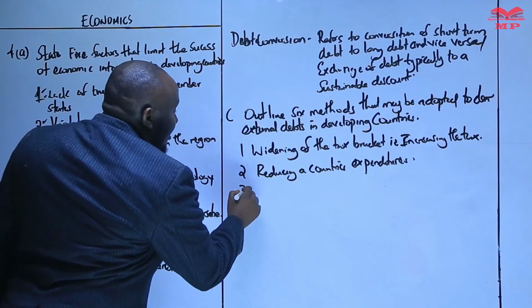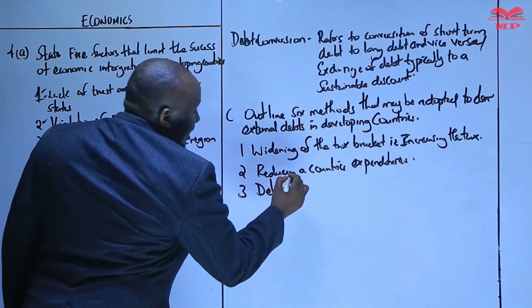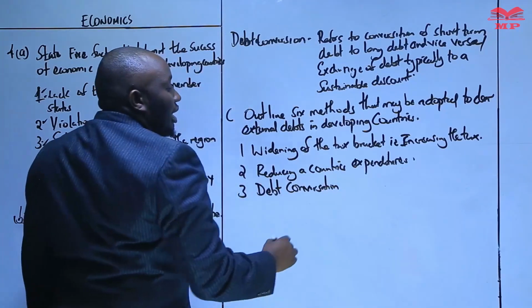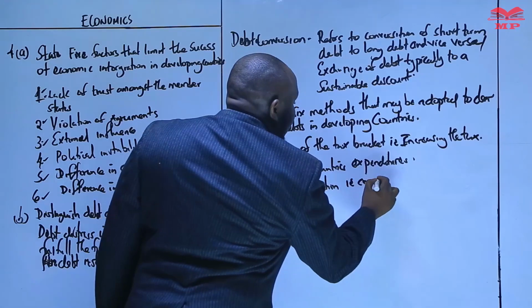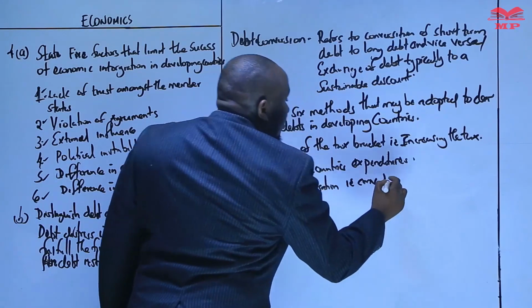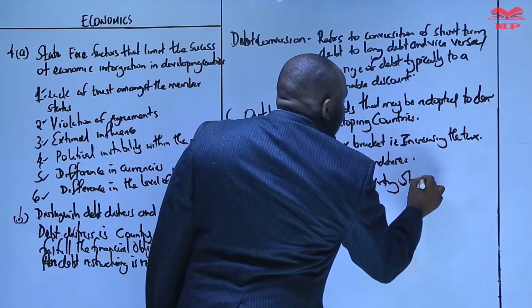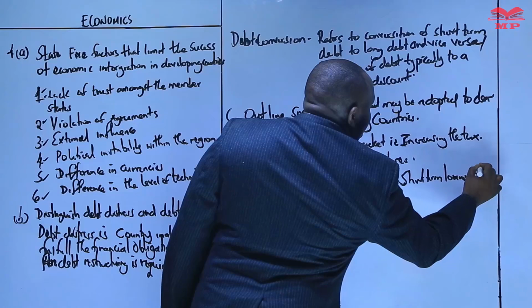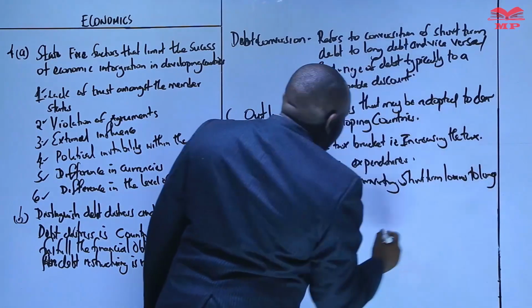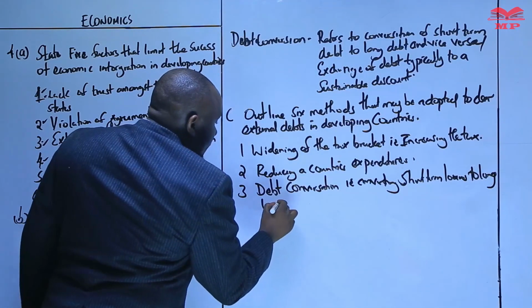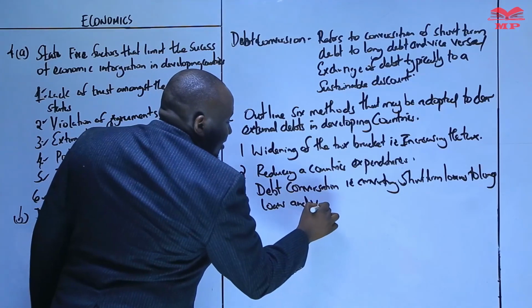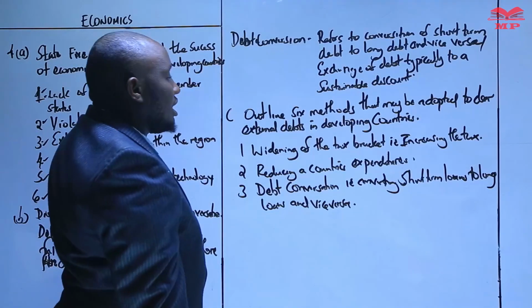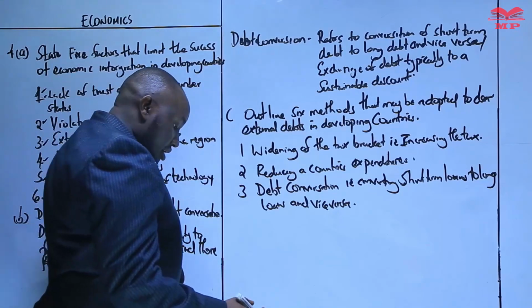So number 3 is debt conversion, i.e. converting short-term loans to long-term loans, and vice versa.